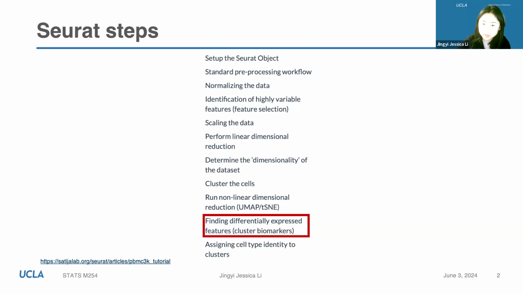Therefore, how to properly normalize single cell data remains a controversial topic, and there are different aspects. One aspect we ask you to try in your homework is whether you can stabilize the variance given the mean. That is, you try to make the variance unrelated to the mean. That is a property of the Gaussian distribution. For a Gaussian distribution, you have two parameters, the mean parameter and the variance parameter, and they can be unrelated to each other.